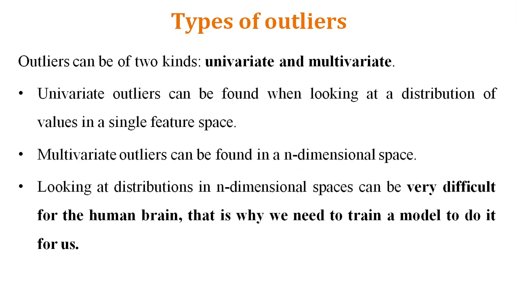Looking at the different data distributions or data points in a sample space, it can be very difficult for a human brain to identify outliers when you have many data points.